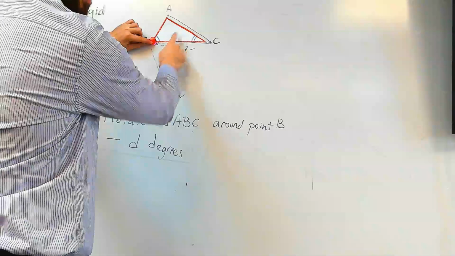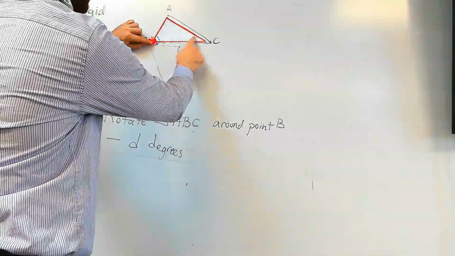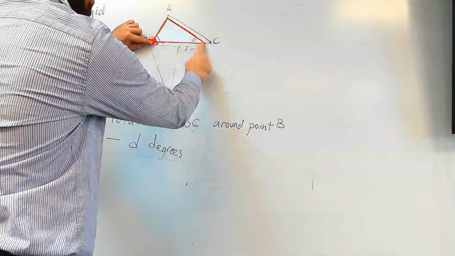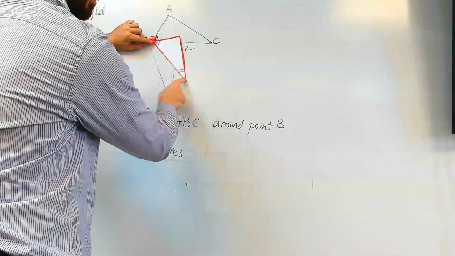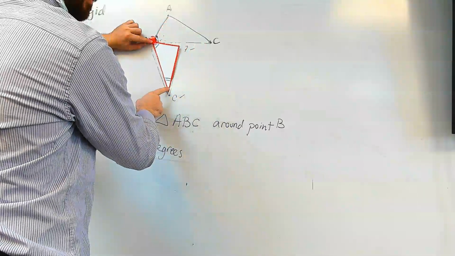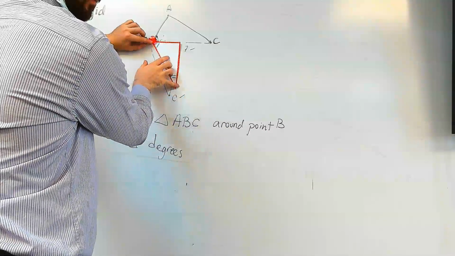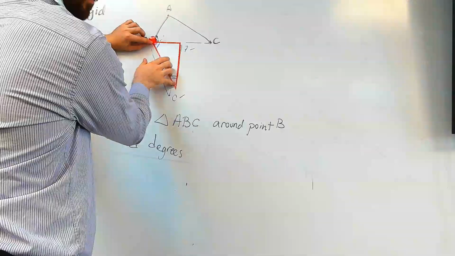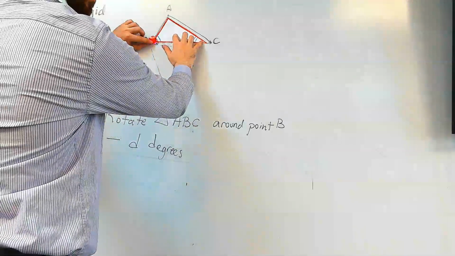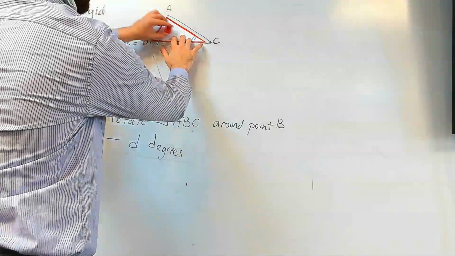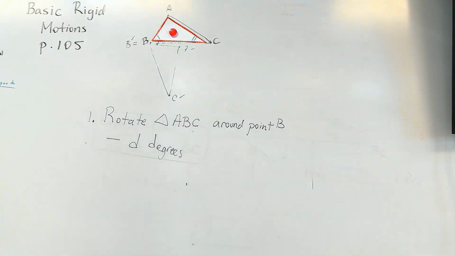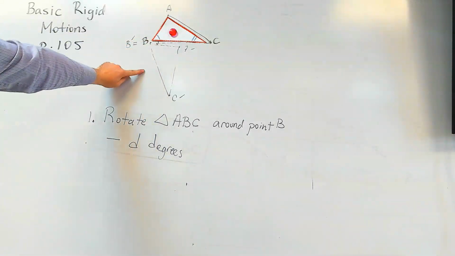So if we rotated around this point, point B, it would be the number of degrees to get from C to C prime. Okay? That's rotation. That's how we get from triangle ABC to triangle ABC prime.